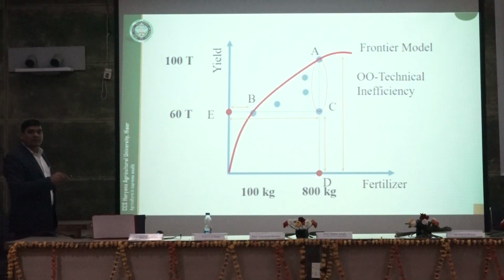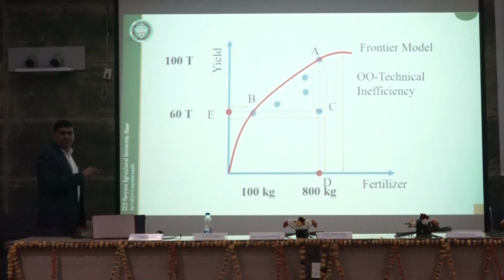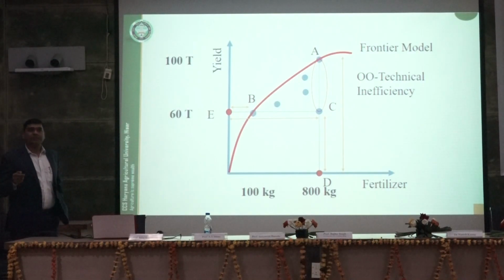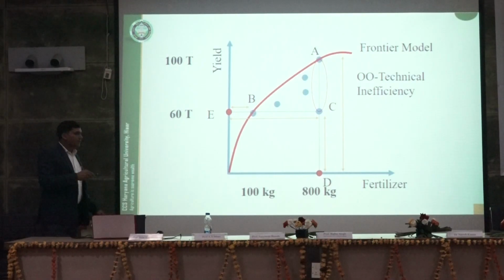It means farmer C has some inefficiency. So how to measure it? We have to measure the amount of inefficiency.